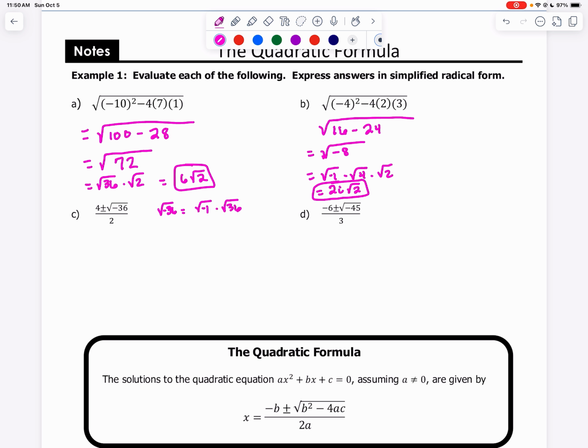The square root of negative 1 is i, and the square root of 36 is 6, so this simplifies to 6i. So we have 4 plus or minus 6i over 2. Since all of these coefficients will divide by 2, 4 divided by 2 is 2, and 6i divided by 2 is 3i.